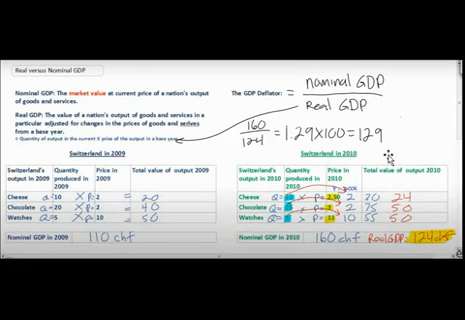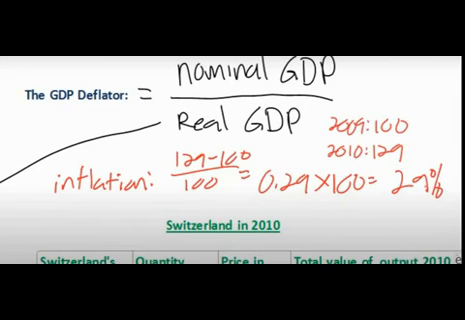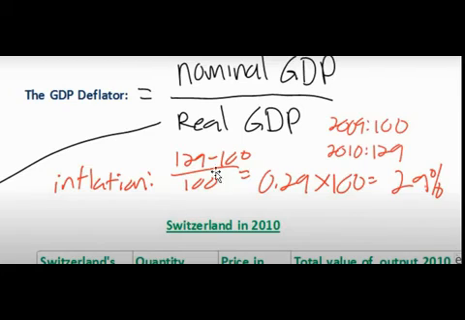Sa 2010 pala, the real GDP is 129. Okay, now to compute for the inflation, tingnan natin. Nominal GDP. Okay, so ito yung computation natin sa inflation class, no? So pagkuha ng inflation, yung GDP nito, tsaka yung GDP nito, pagsasamahin natin. Okay, tingnan natin. So what is the inflation rate? Okay, 129, the present year minus the base year or the previous year.